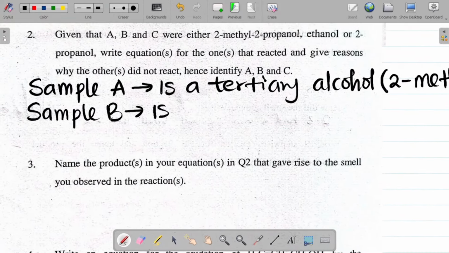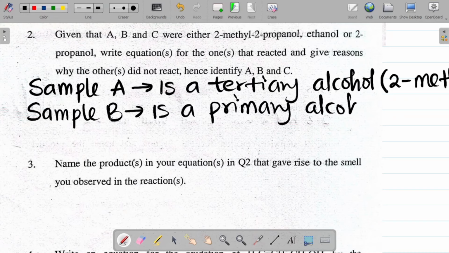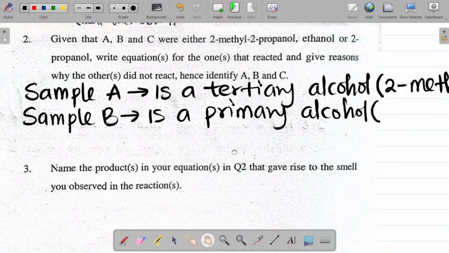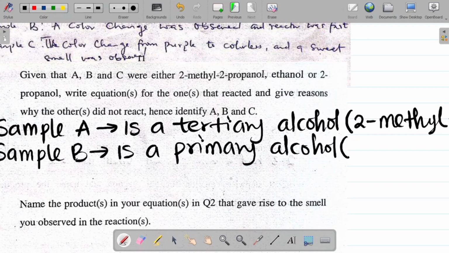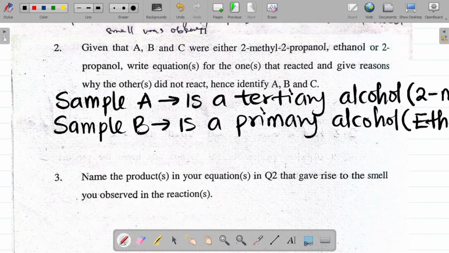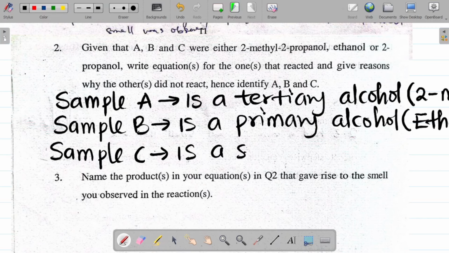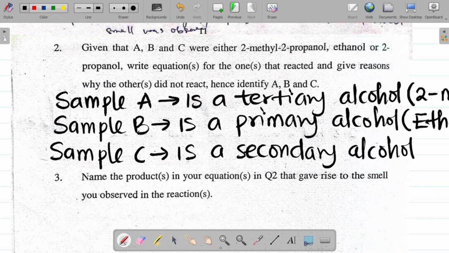a primary alcohol, and my primary alcohol here amongst these three would be ethanol. So I have ethanol. All right, so we're left with sample C. In this case now, sample C is a secondary alcohol.